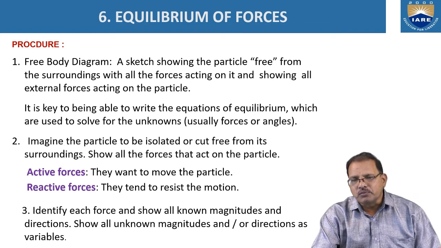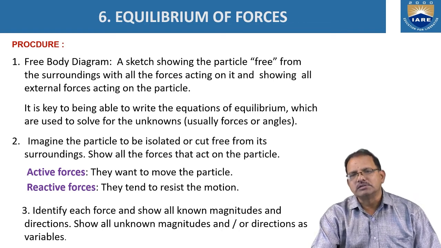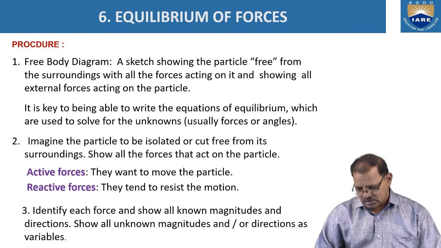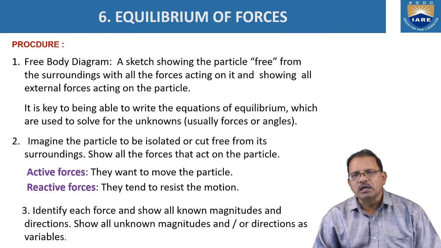When we remove the supports such as surfaces, hinge support, pin support, ball support and so on, keep the equivalent reactions offered by the support. Then write the equations for equilibrium, that is, sigma Fx is equal to 0 and sigma Fy is equal to 0, and determine the unknown forces so that the body is in equilibrium.